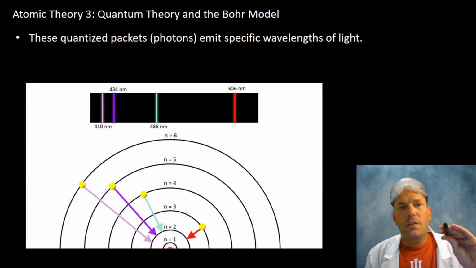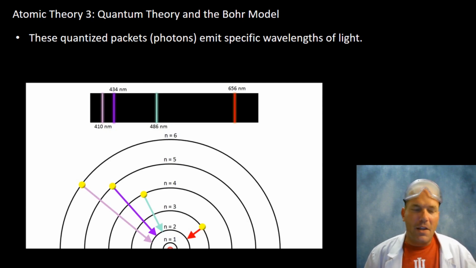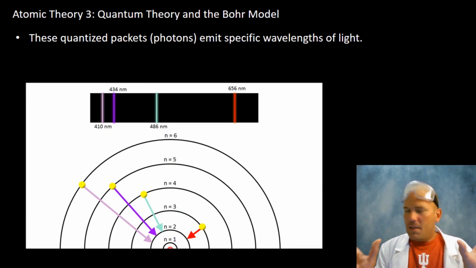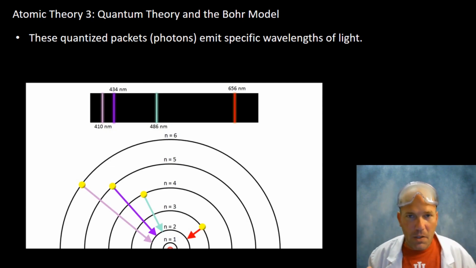So these quantized packets, or photons, emit specific wavelengths. Now here, I'm putting them both together. You've seen the atomic spectrum. You've seen the model of the electron orbiting in a circular cloud.